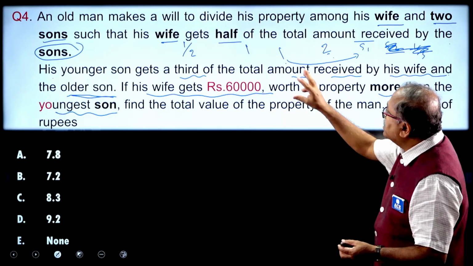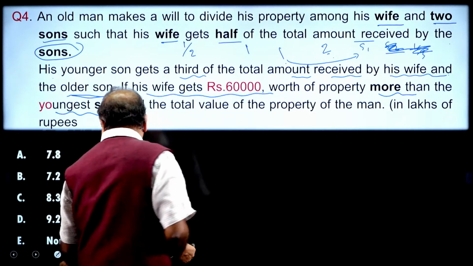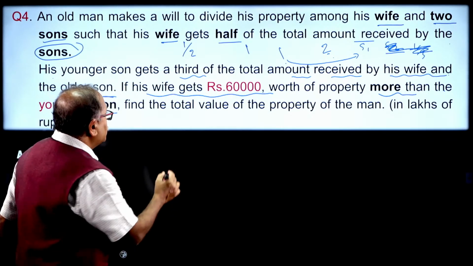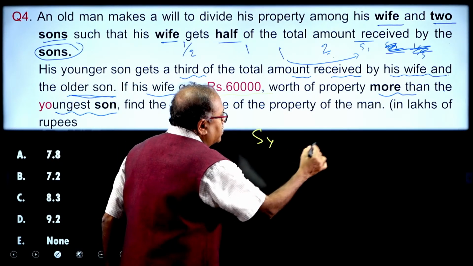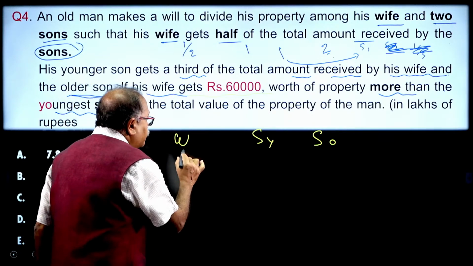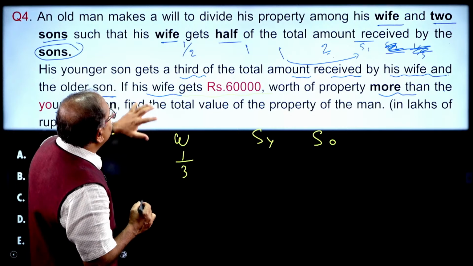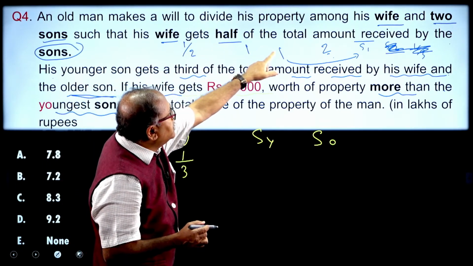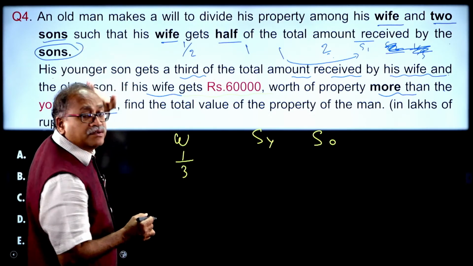So, there is some twisting here, hope you can understand it. Let me give you some clue over here how to work out question number 4. So, I will be writing over here wife and the son younger and the son older. So, wife is getting 1/3 of the total, and it is mentioned that the wife gets half of the total amount received by both the sons.